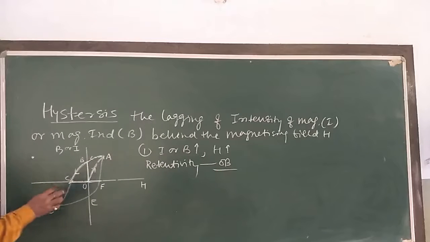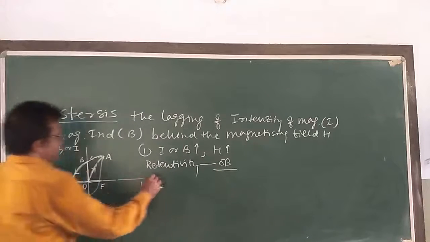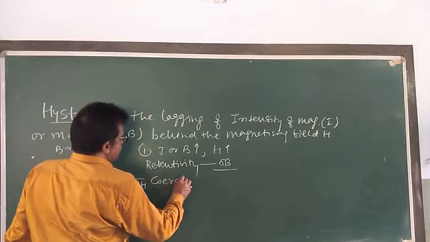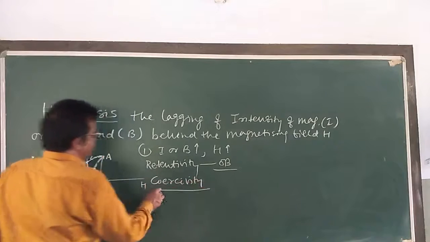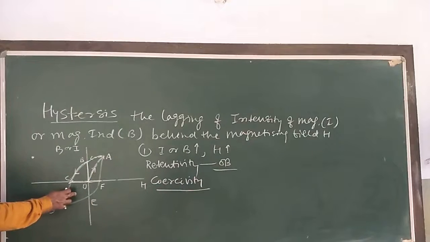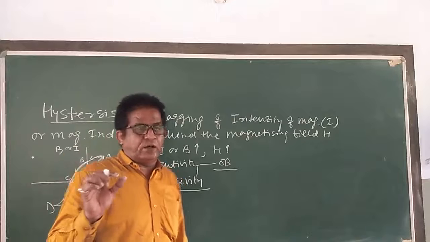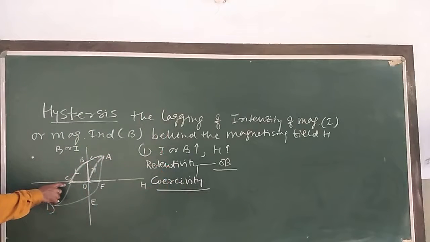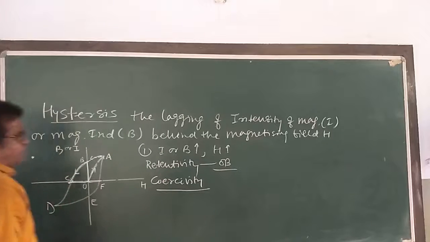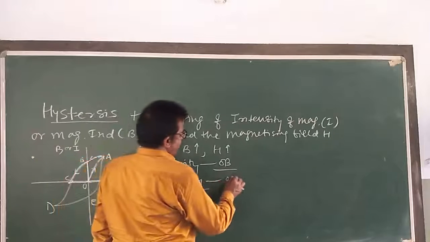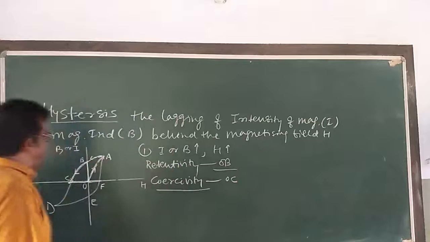This property is called coercivity, where the reverse magnetic field is required to reduce the residual magnetism to 0. This is measured by the part OC of the curve.